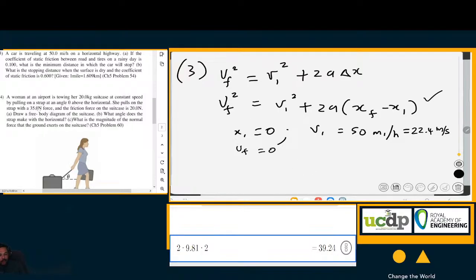If we plug in everything that we know so far, V final is 0, V initial squared, plus 2 times the acceleration times xf. So that leaves us with xf.